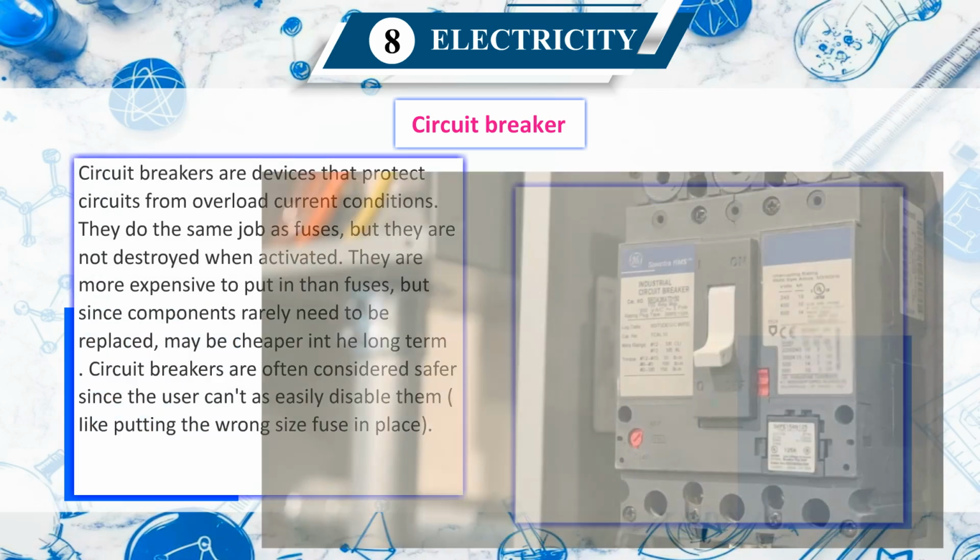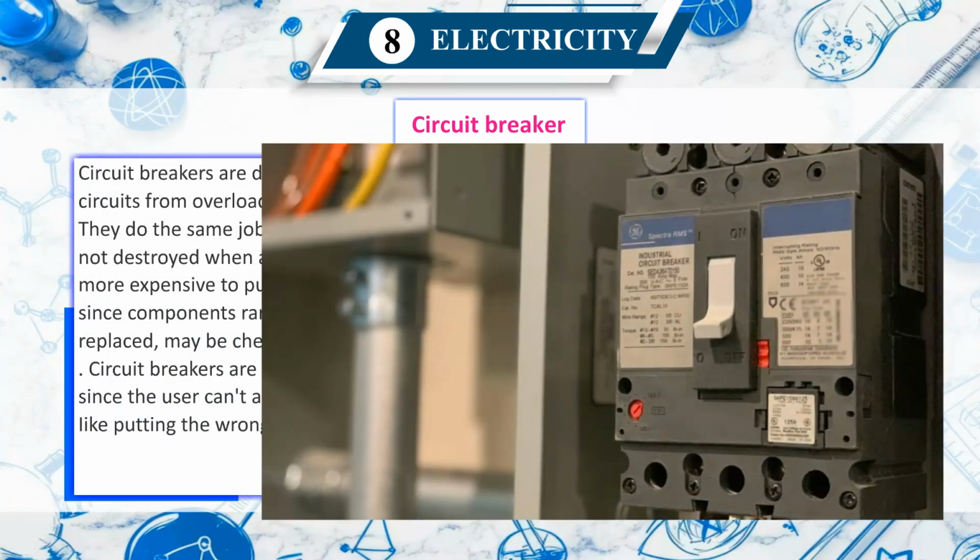Circuit breaker. Circuit breakers are devices that protect circuits from overload current conditions. They do the same job as fuses, but they are not destroyed when activated. They are more expensive to put in than fuses, but since components rarely need to be replaced, they may be cheaper in the long term.